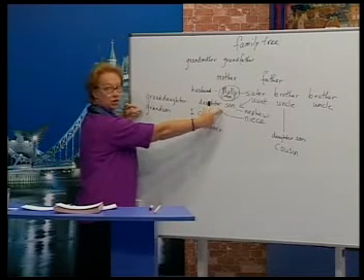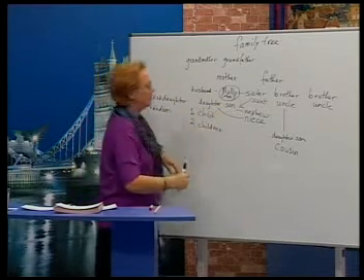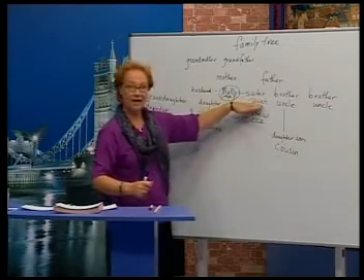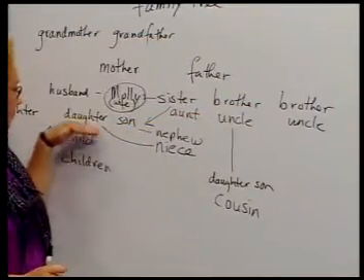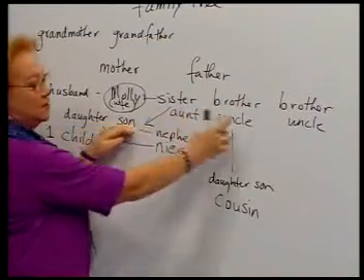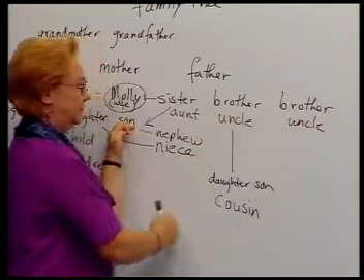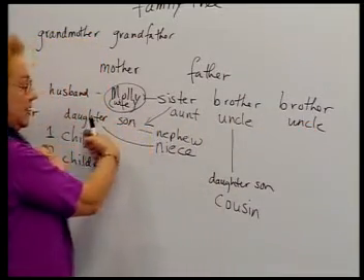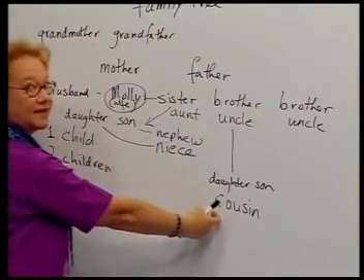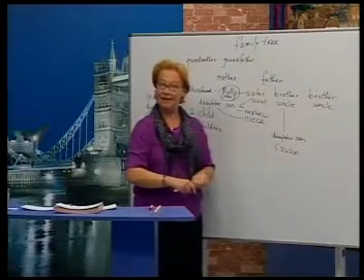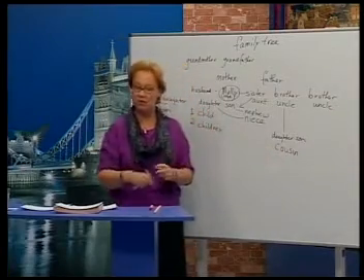Granddaughter, grandson. Now we have the aunt of the daughter and son, aunt, uncle, uncle, nephew, niece, and cousins. All right? This is my family tree.